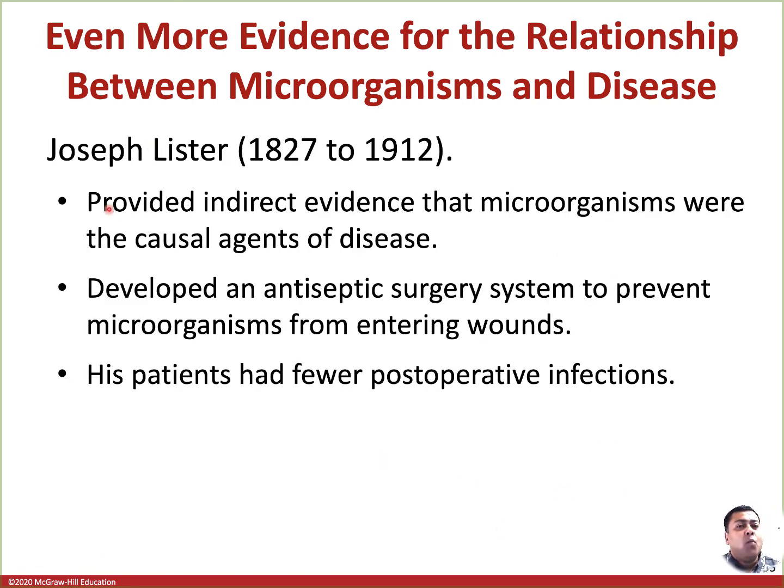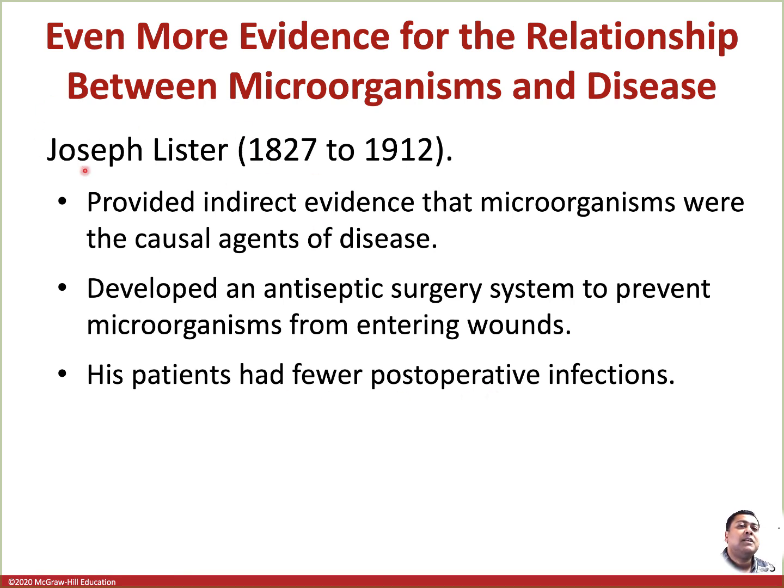So this is one name that was not in that list, but I definitely want you to remember, and it's easy to remember. Joseph Lister was one of those who established the relationship between microorganisms and disease and provided indirect evidence of a causal agent of disease. He was the first to develop an antiseptic surgery system to prevent microorganisms from entering wounds, and his patients had fewer post-operative infections.